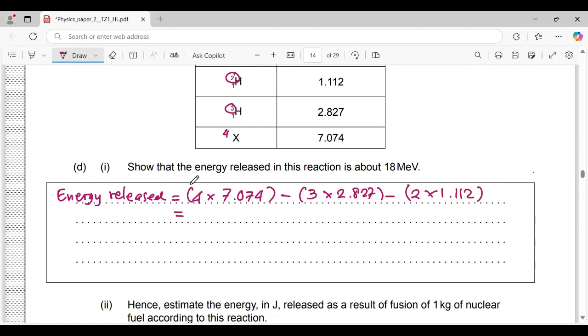If you calculate, the result is 17.6, rounded to 18 million electron volts.